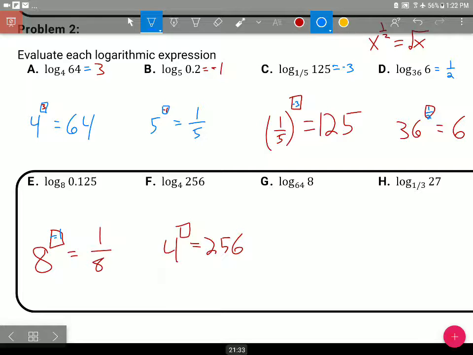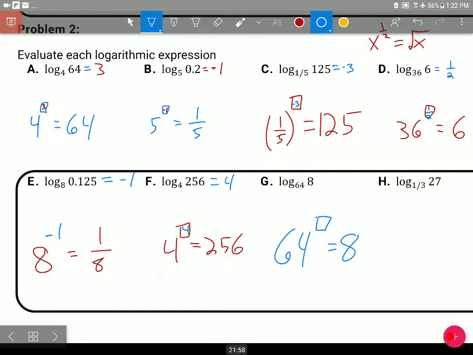Negative. Negative 1 equals negative 1. All right, the next one, 4 into 256. Well, 4 to the what power is 256? 4. That's the easy one. Why? Negative 1. There we go. Okay, so hold up. 64 to the what power will give me 8?